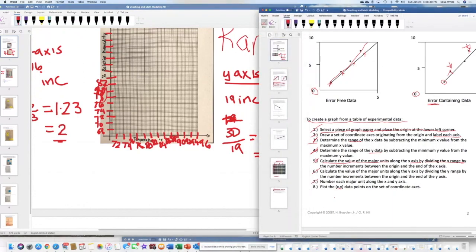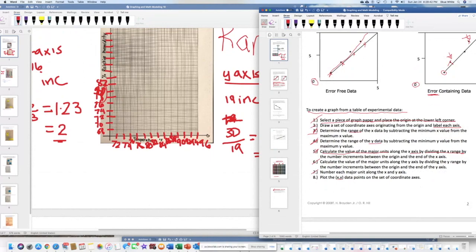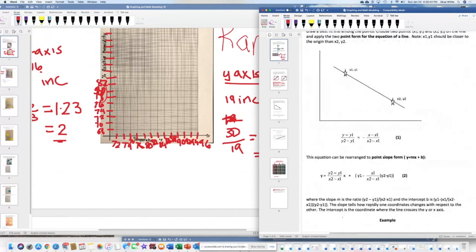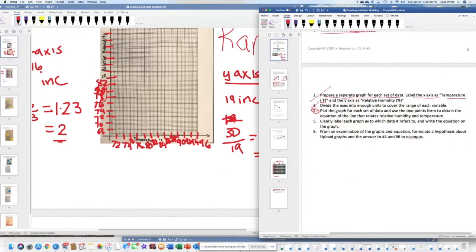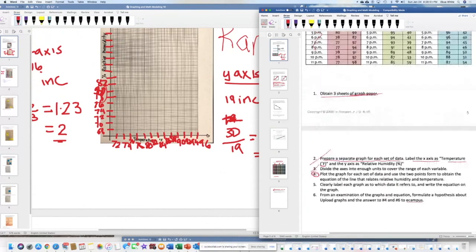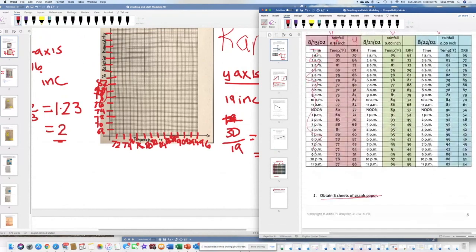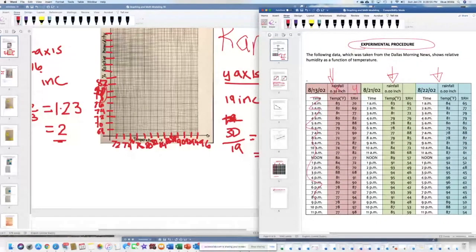Check. Done. Then it says now plot the X and Y data points. So now we are back to this direction here where it was saying plot the graph, right? Since I'm trying to do it side by side, let me have this here. I'll start with my first one. 83 from the X. Where's 83? This is 82, 84.